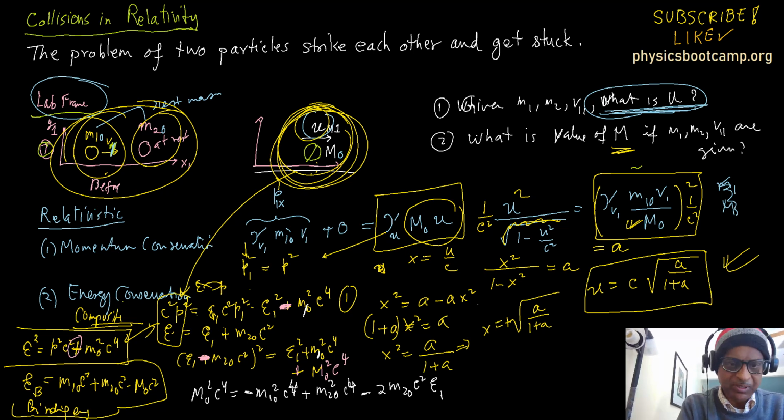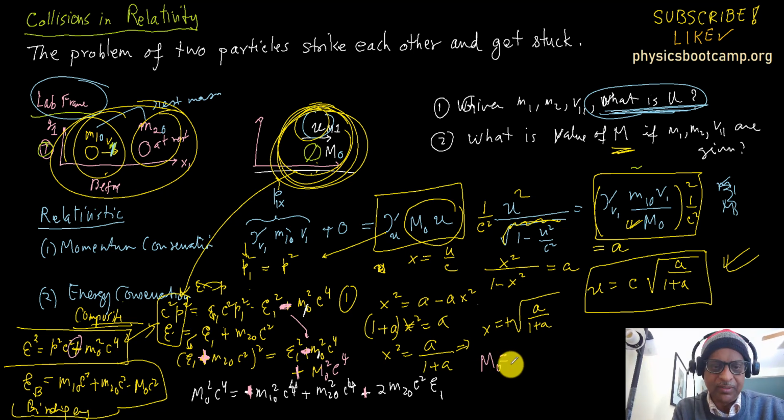I just noticed more mistakes here: this actually is a plus, because this is coming from this term. So when I expand this and bring this over, this becomes a plus, and these all are plus. Yeah, now it's right.